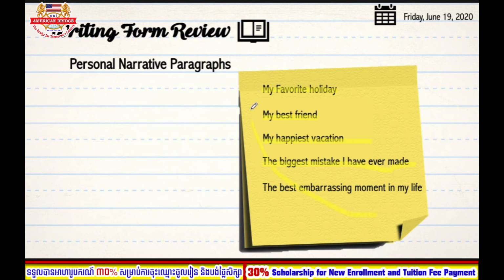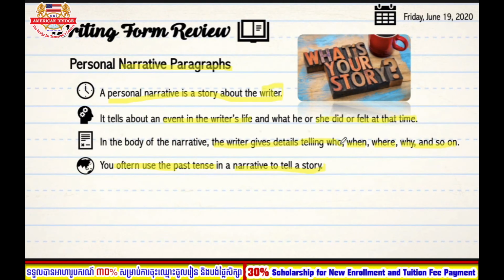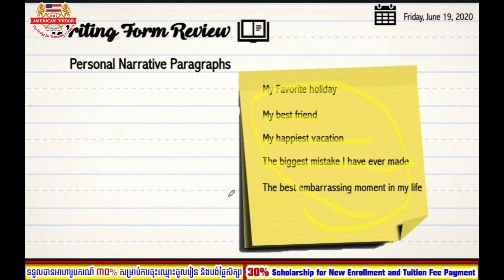So these are the topics that you can write in the form of a narrative paragraph. And again, what details should you include in writing on this topic? The first one is who, when the situation happened, where it happened, and what the reasons are. So these are the important concepts of the narrative paragraph.